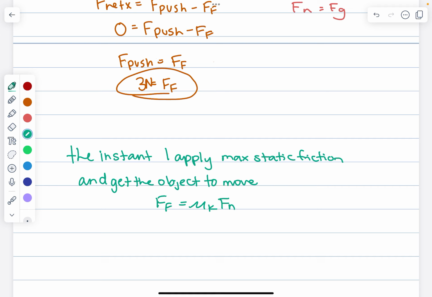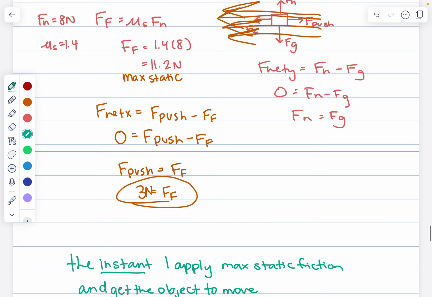Now I have kinetic friction. Now we're moving. Now the force of friction is less because UK is less. The force of friction is now UK Fn. As soon as I get it to move, my friction force lowers.